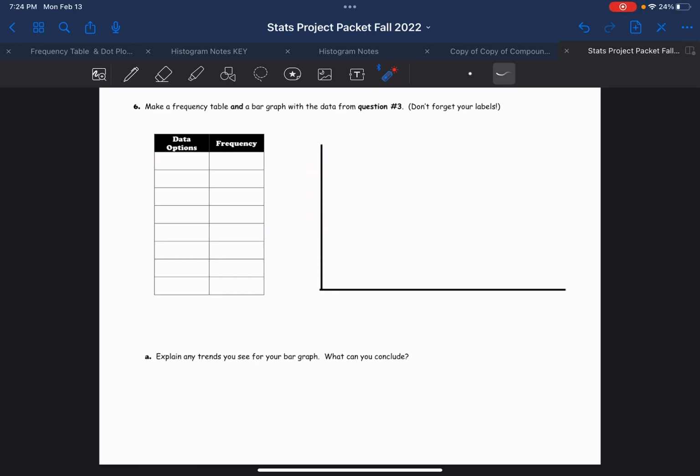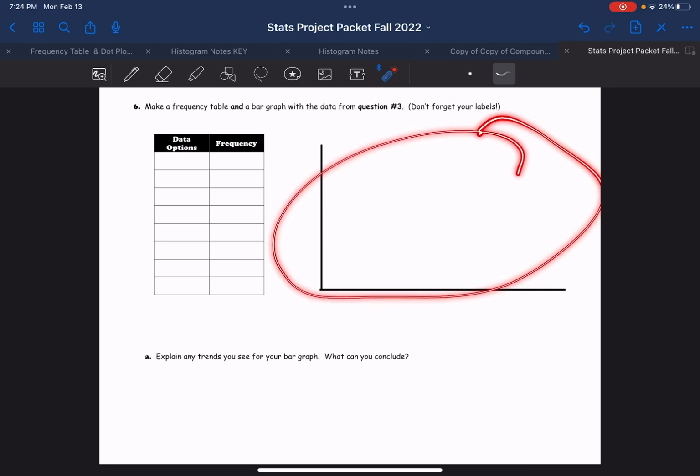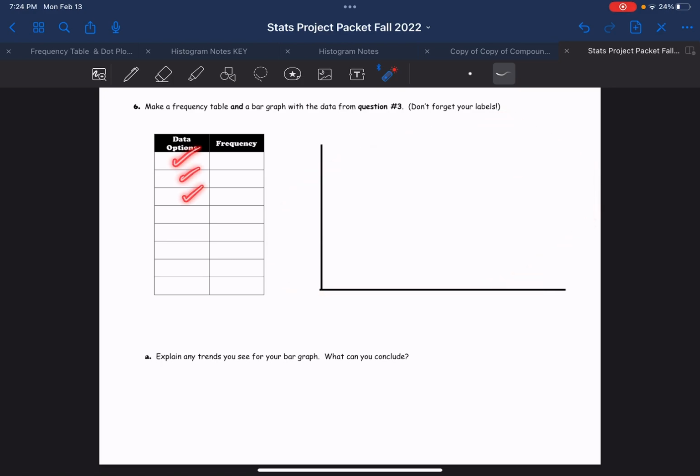Those are not even. I should see like by 2s, counting by 5s, counting by 3s, something like that, all right? You're not going to do this part though until you've done your data options. So I should see chocolate, vanilla, strawberry, okay? And you're going to say I had 10 people, 5 people, 3 people, whatever that is.